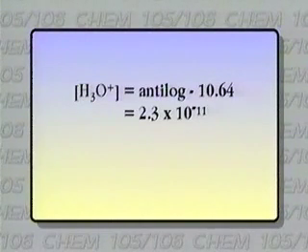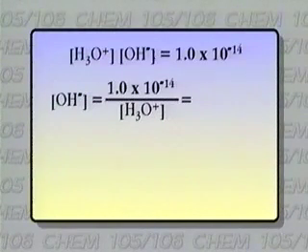All right, now that we've done the first step, we can now go to our relationship up here that relates hydronium to hydroxide and solve now for the hydroxide ion concentration. So our final step then will be hydroxide ion concentration is equal to 1.0 times 10 to the minus 14 divided by the hydronium ion concentration, algebraically rearranging the top equation.